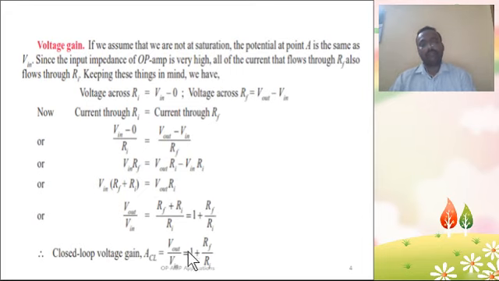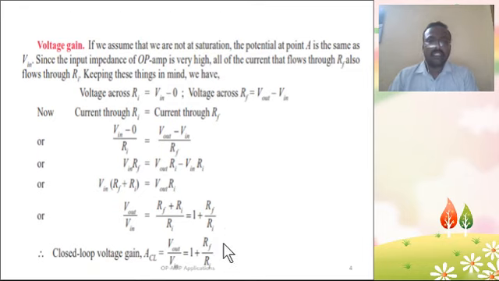So this is equation of closed loop gain. So we can say the closed loop voltage gain, ACL equal to V naught divided by Vin, is equal to 1 plus Rf divided by Ri. So this is the gain of the non-inverting amplifier.